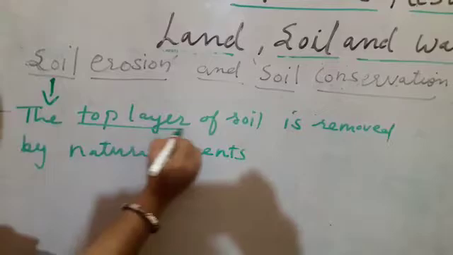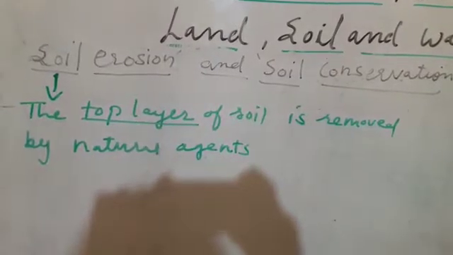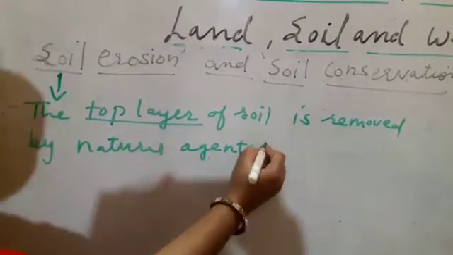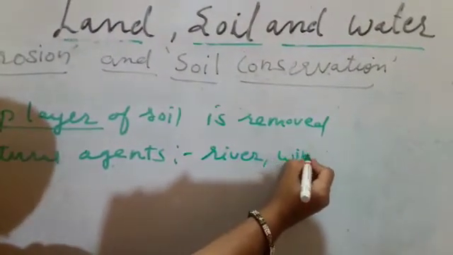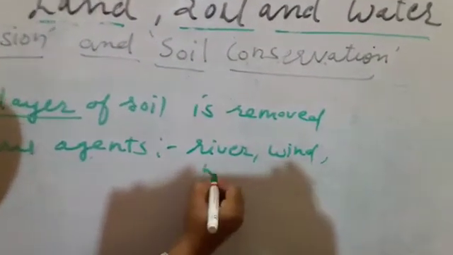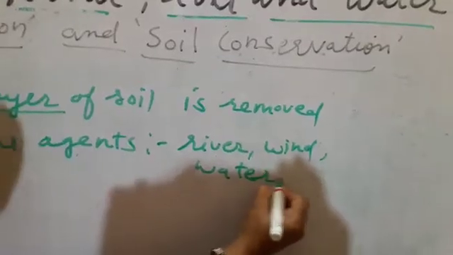The top layer of the soil is removed by natural agents like river, wind, water, etc.